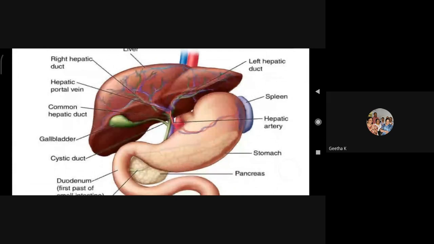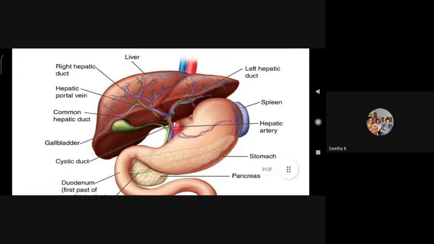One lobe is just like the cap of stomach. The right hand side of liver is larger and the left hand side of liver is smaller, and this left hand side lobe of liver is just like the cap of stomach.